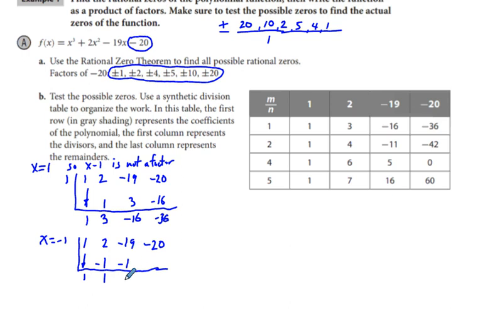We add these together, we get negative 20. Negative 20 times negative 1 is 20. So we get 0. So x equals negative 1 is a zero. And so, since our remainder is 0, x plus 1 is a factor.